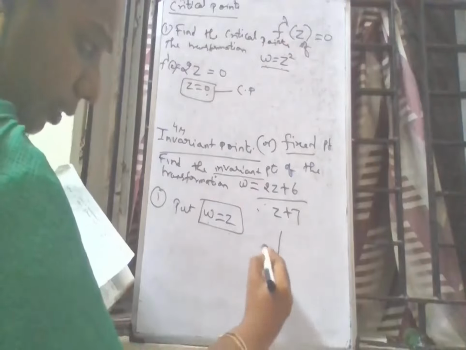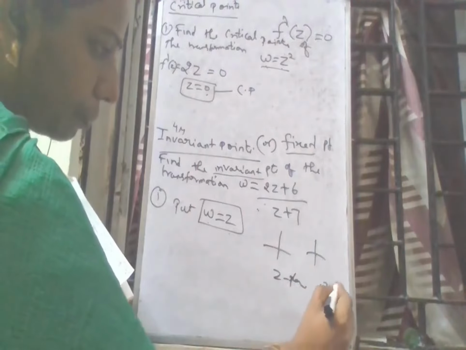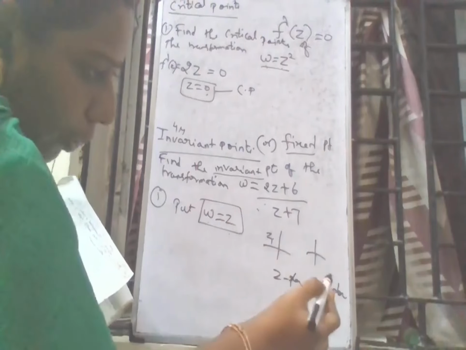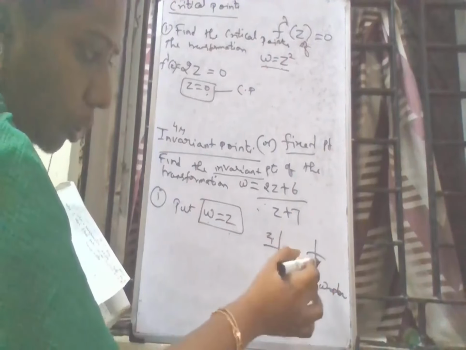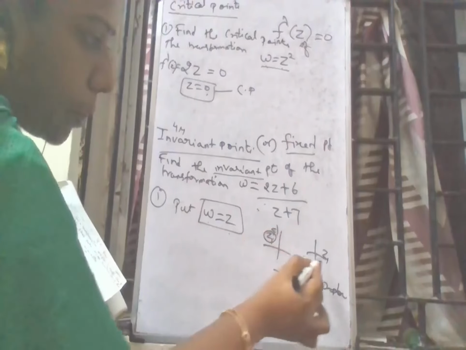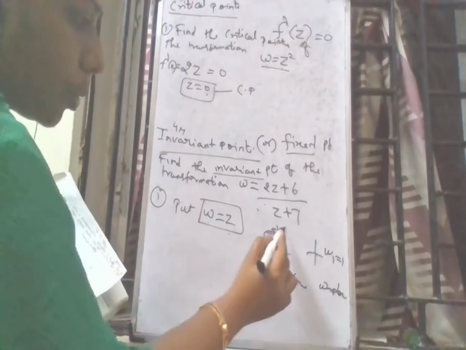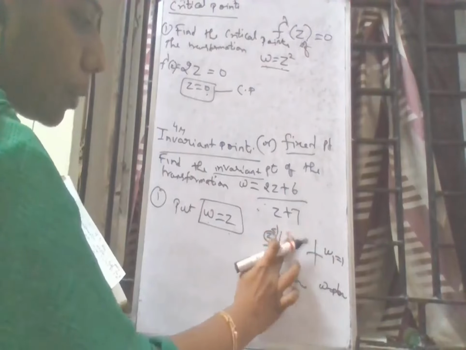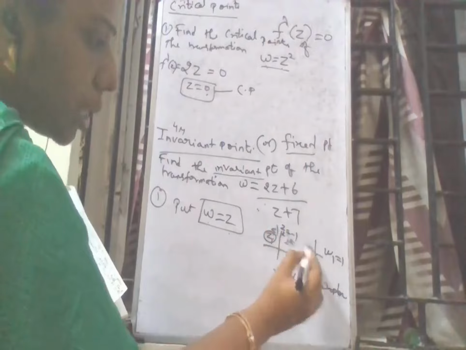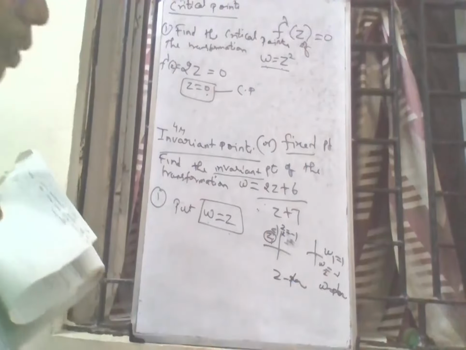So if the image of a point under a transformation is itself, then the point is called a fixed point, which means as it is. Z plane, W plane. Suppose you have a point z1 = 1 here, then corresponding in the W plane, here also you are getting the same point, w1 = 1. Likewise z2 = -1, the corresponding point w2 also is -1.